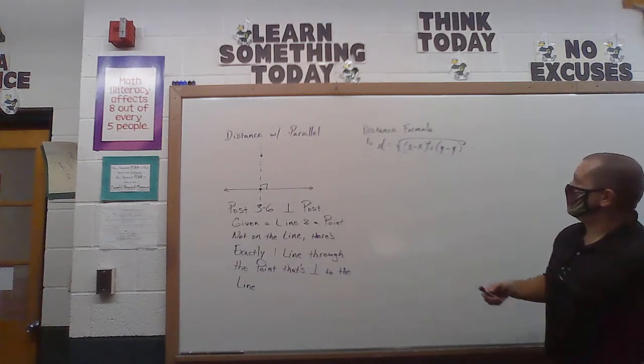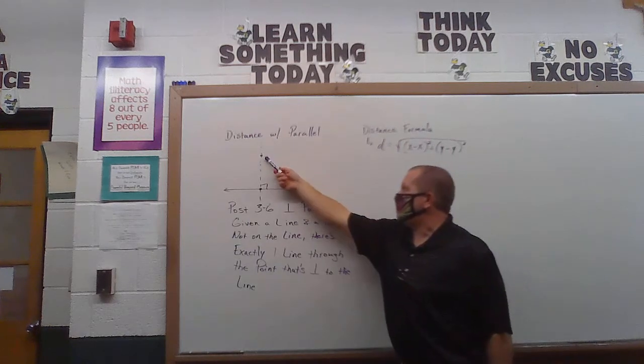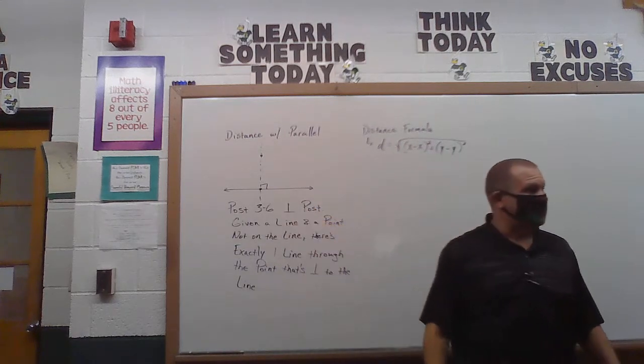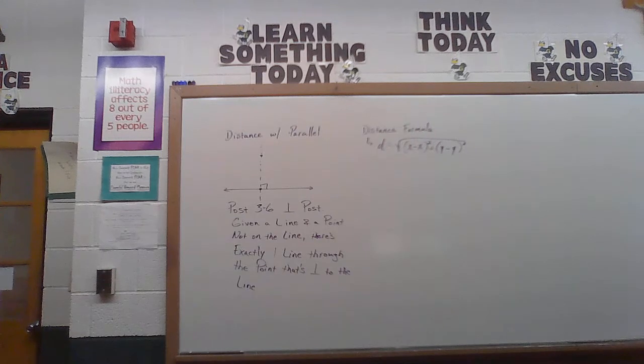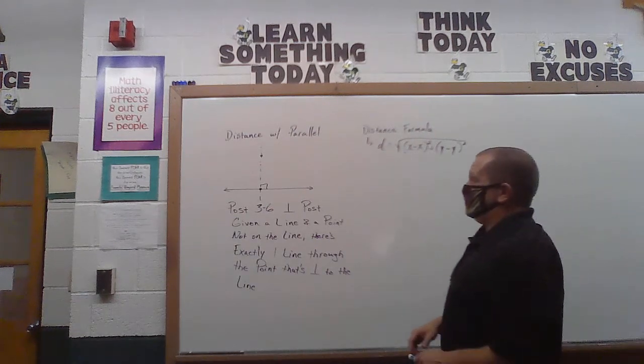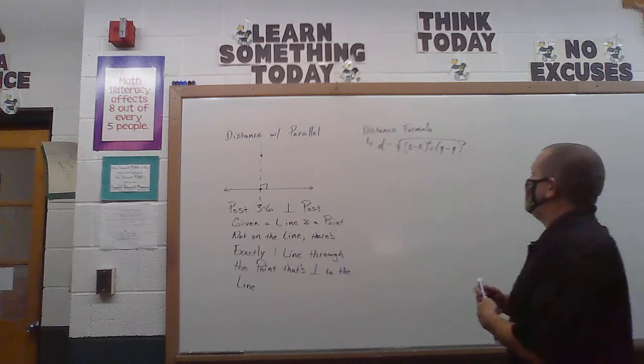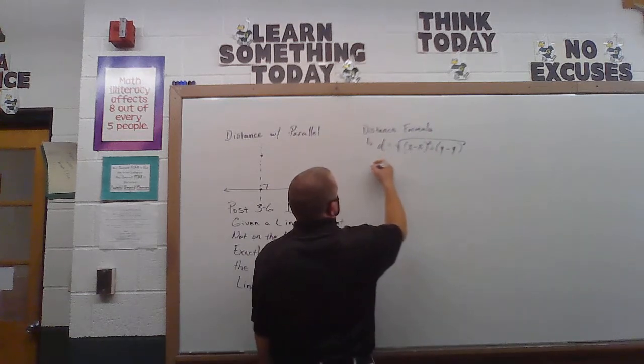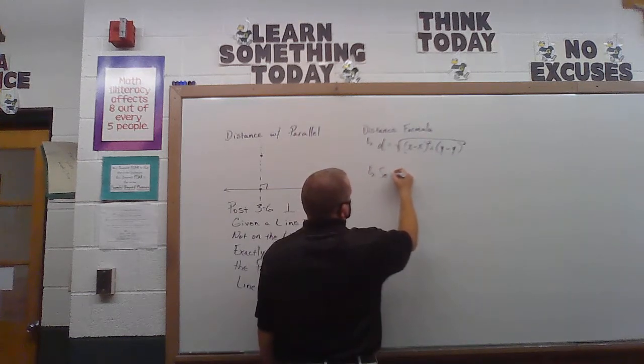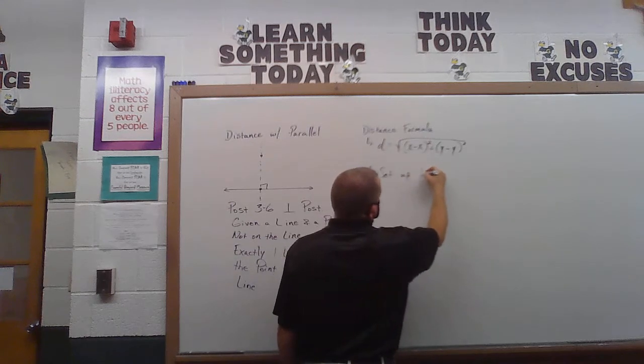So basically what we're trying to do, if I know this point up here and this point down here, no matter where my line and point are, I can stick them into that distance formula and I can figure it out. If it's on a coordinate plane and we do this, I would actually go through the process of maybe setting up right triangles.